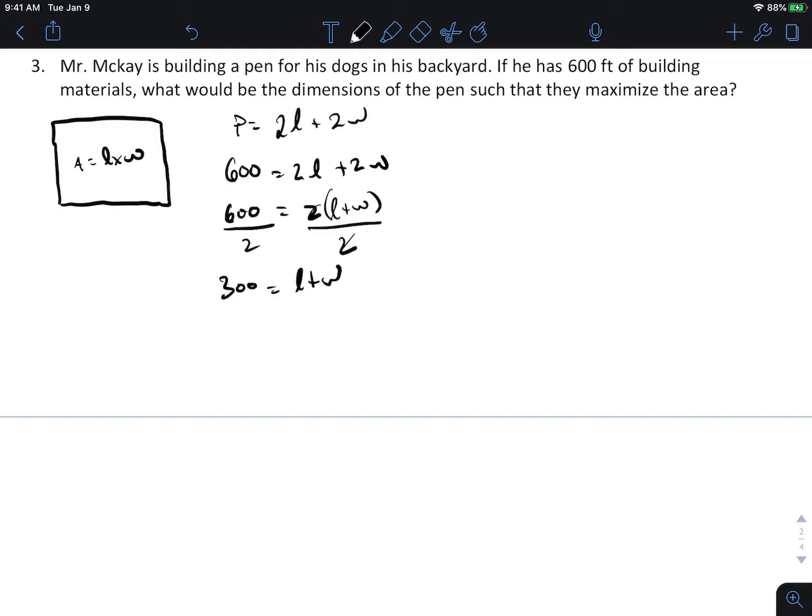So I'm just going to solve for one of the dimensions and get an algebraic expression for it. Let's solve for the length. I'll do this the other way so nobody gets confused. So 300 minus W is equal to L.